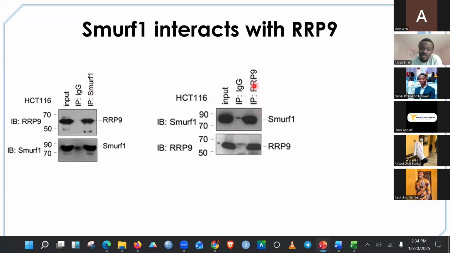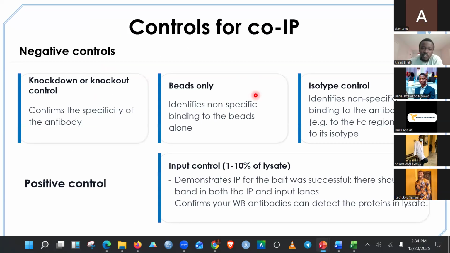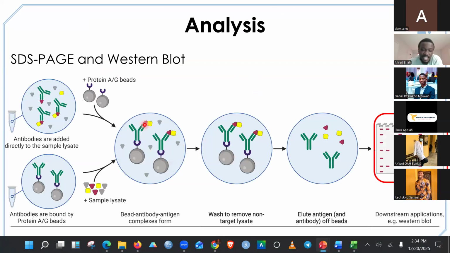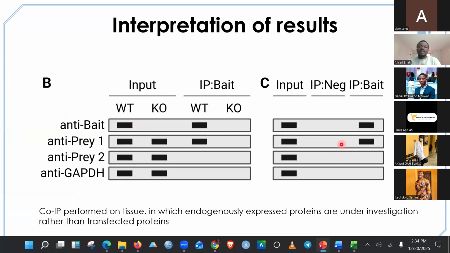If we go back to our workflow, you could see that here, instead of using antibodies against the red one, in the reciprocal one, they used antibodies against the yellow one, so that when we get here, we will use antibodies against the red one. So it's like the opposite way, just to be sure that, yeah, indeed, there is an interaction between the two.